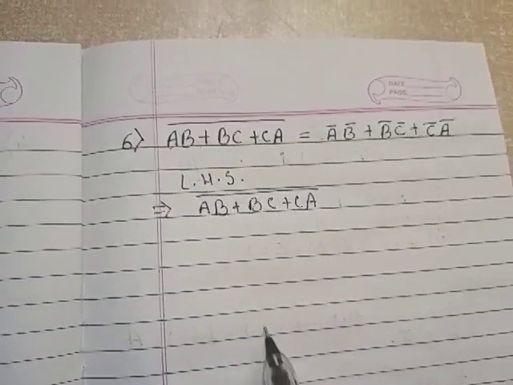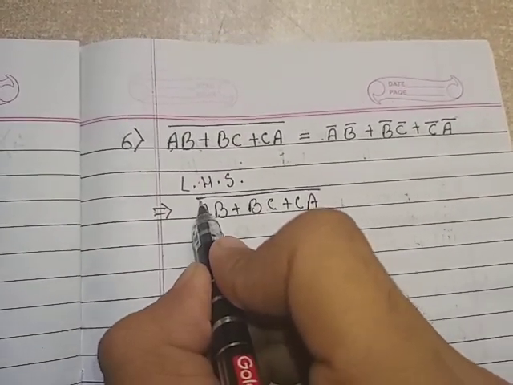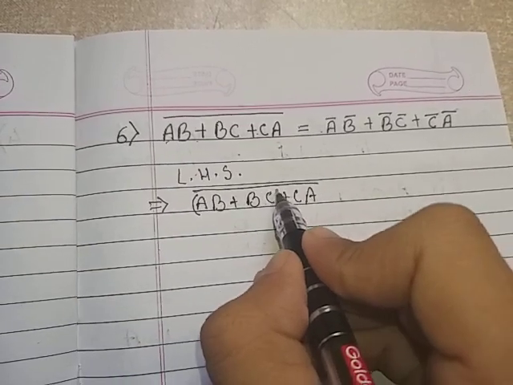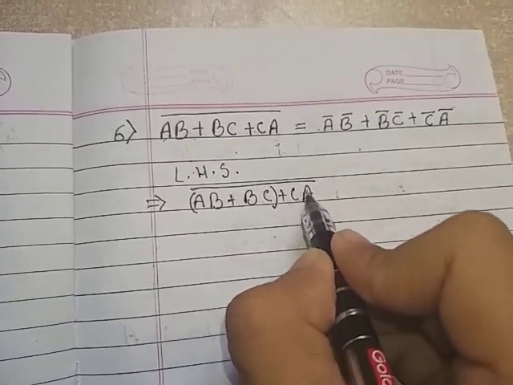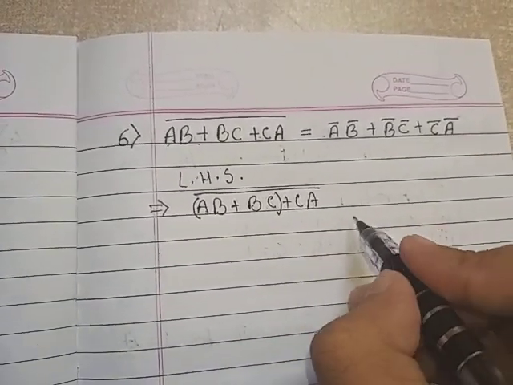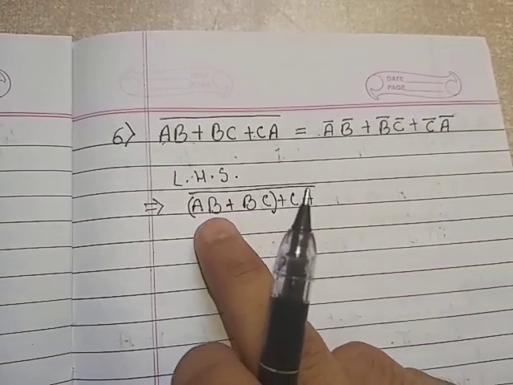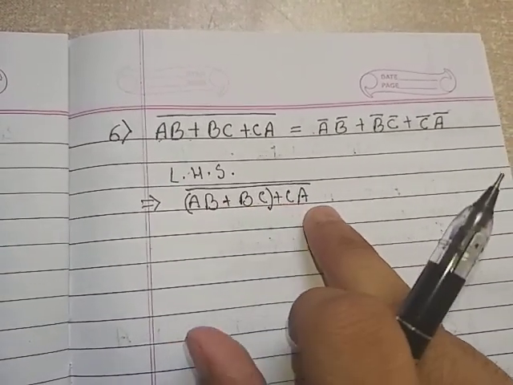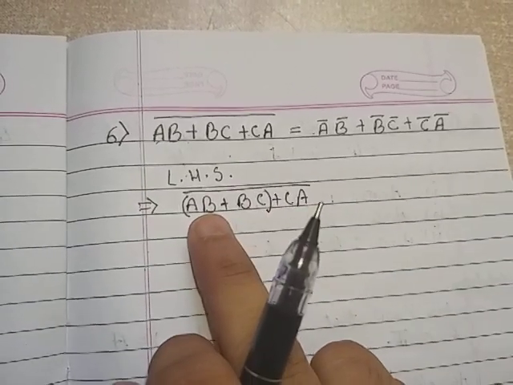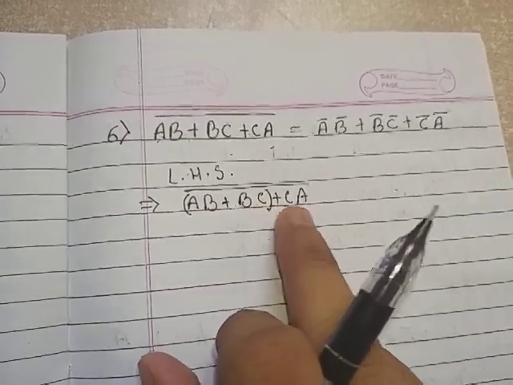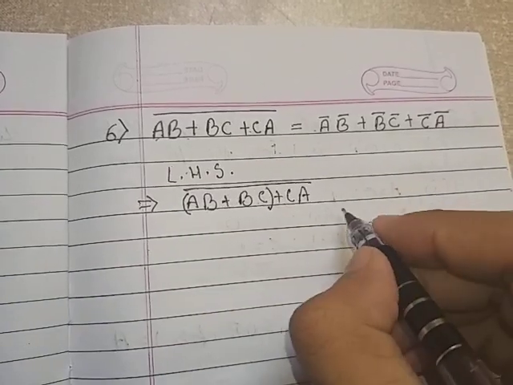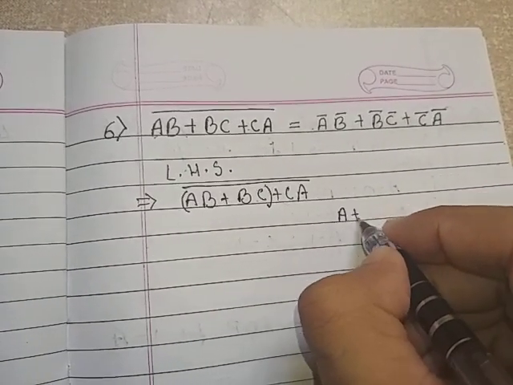Now I am going to take the first two terms as one and the third term as a second. And look here, if I say this is my first term, or I can say A, and this is my B. So what do I get? A plus B to the whole bar, that is De Morgan's law.